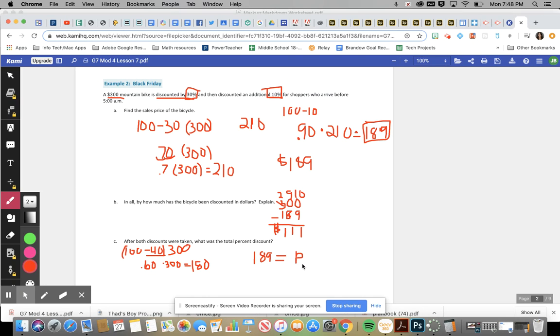We're trying to figure out what percent this actually is, times the original price of the mountain bike. And then I want to figure out what P the percentage is, so I'm just going to divide by 300 to both sides.